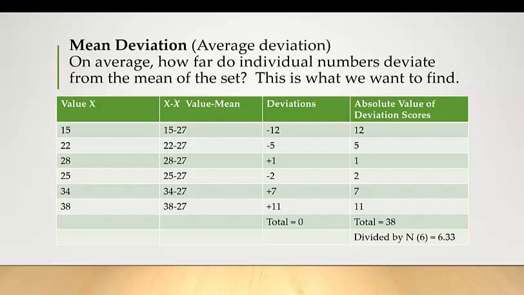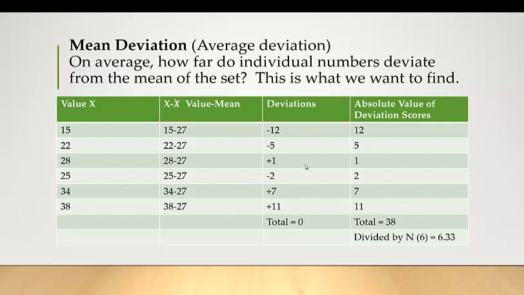So if we look at the third column here in our deviations, by attaching the minus and the plus, we could determine whether they were below or above. But if we add these together, we get a total of 0. So you'll know you did it incorrectly if your deviation scores total something other than 0.